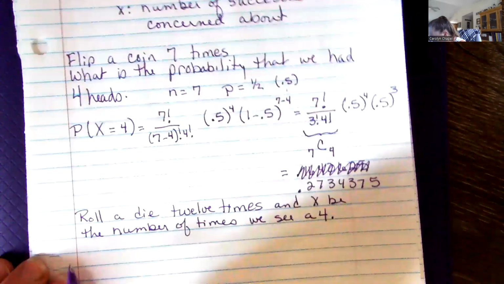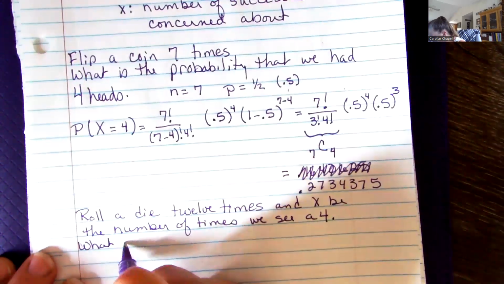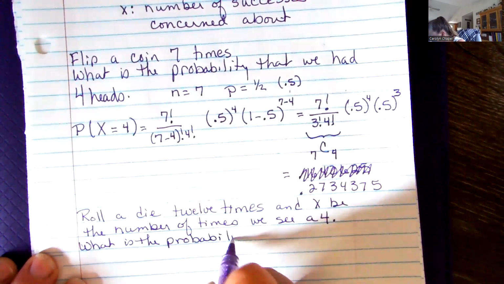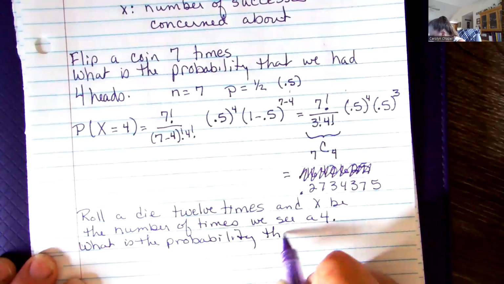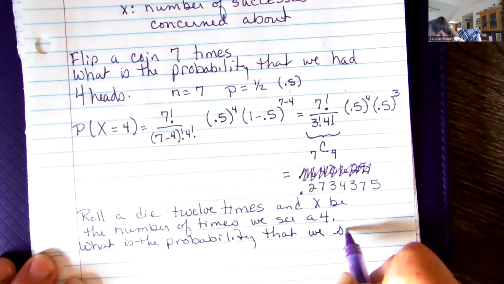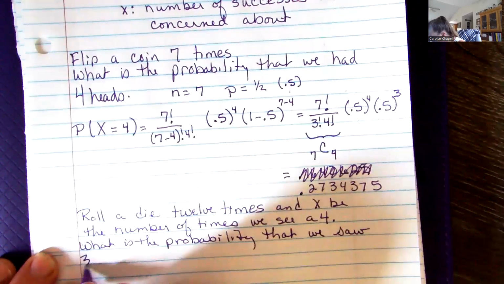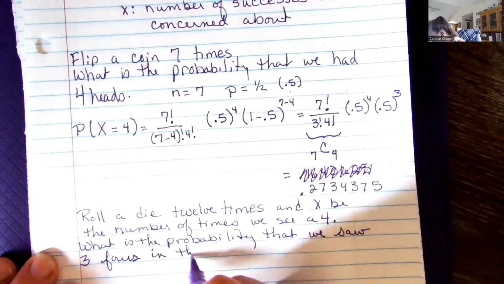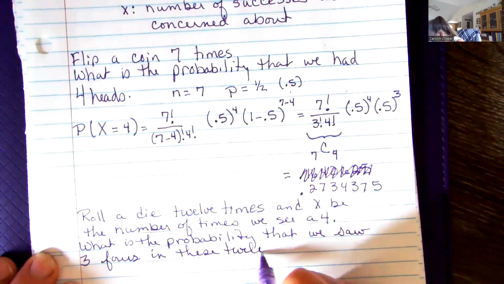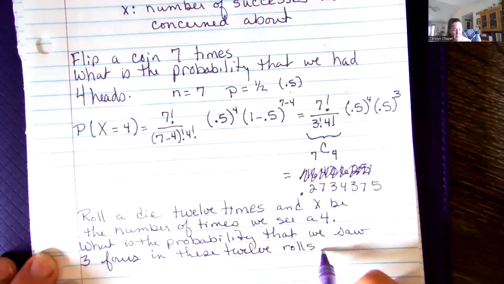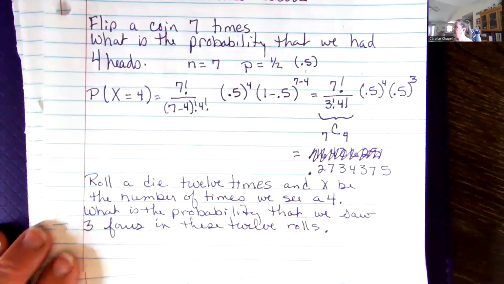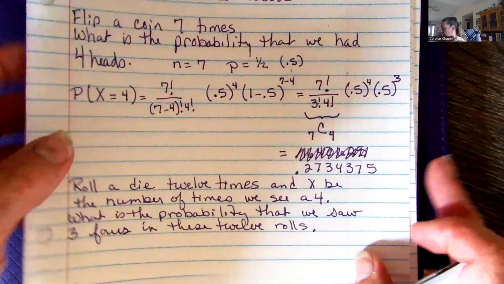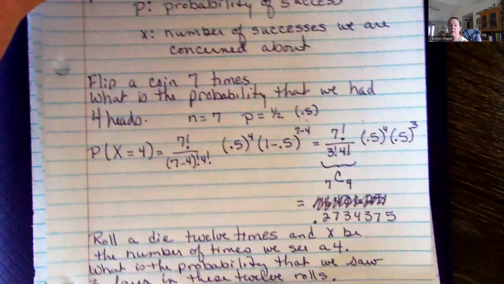And I want to know, what is the probability that we saw 3 4s in these 12 rolls? Right.